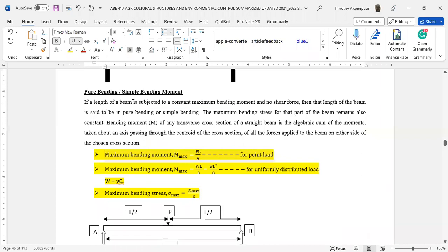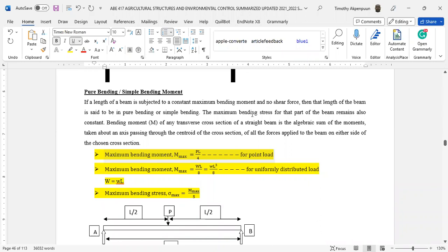It says pure bending. If a length of a beam is subjected to a constant maximum bending moment and no shear force, then that length of the beam is said to be in pure bending or simple bending.